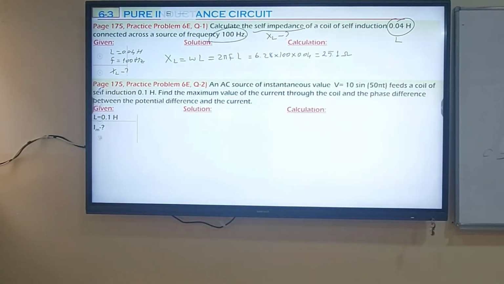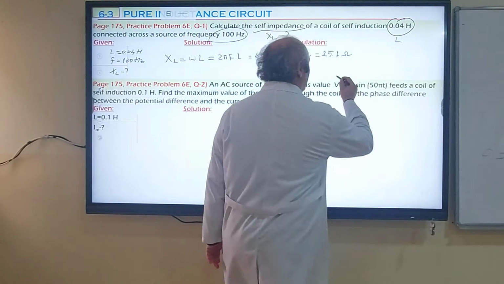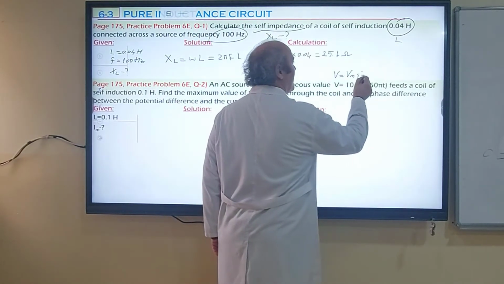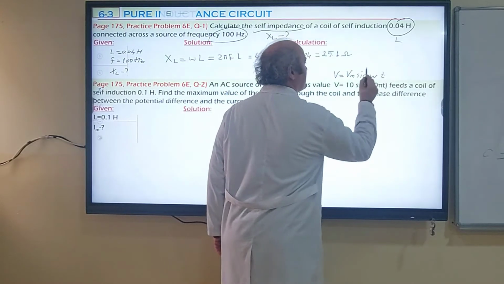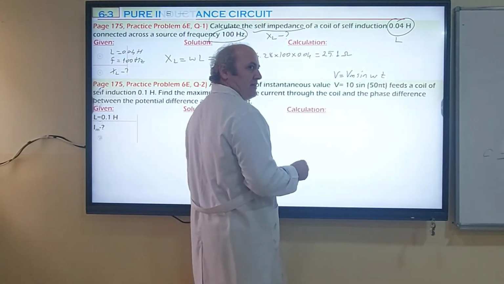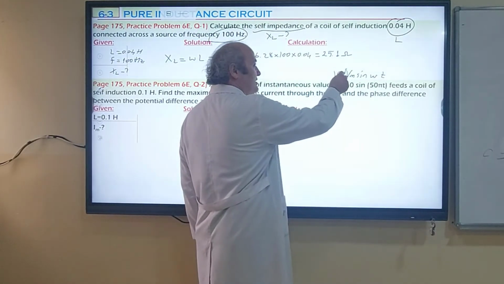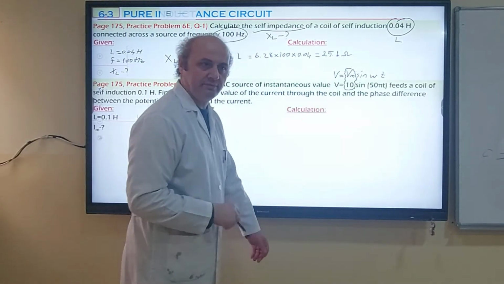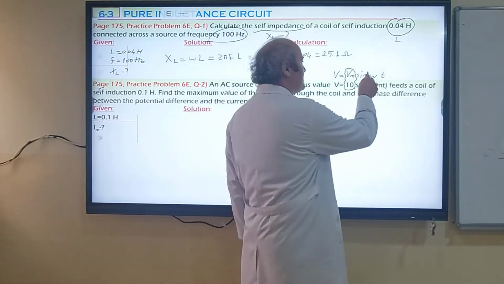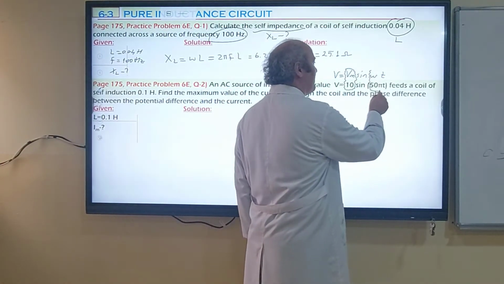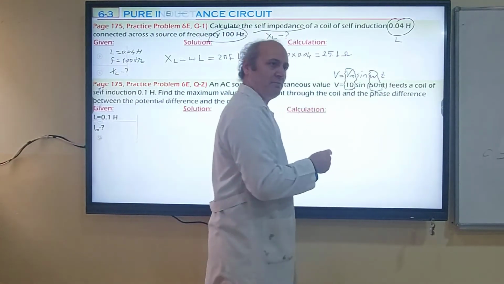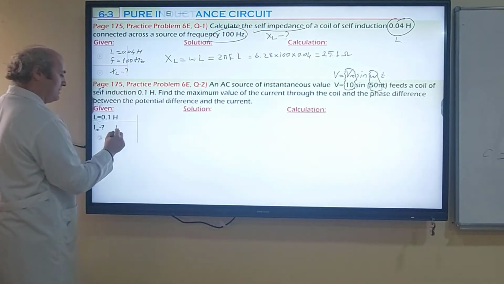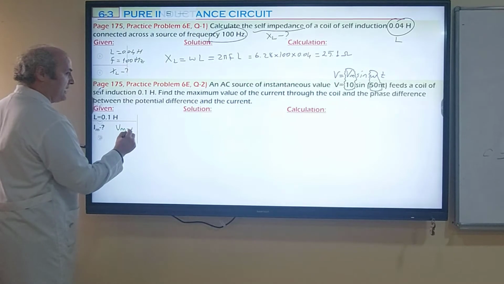So, what is the generator equation? Let's remember: V is equal to Vm sine omega t. Instead of Vm, what is written? 10. Yes, the maximum potential difference is 10. Instead of omega, what is written? 50 pi is omega. So from this equation, Vm is 10 volts.